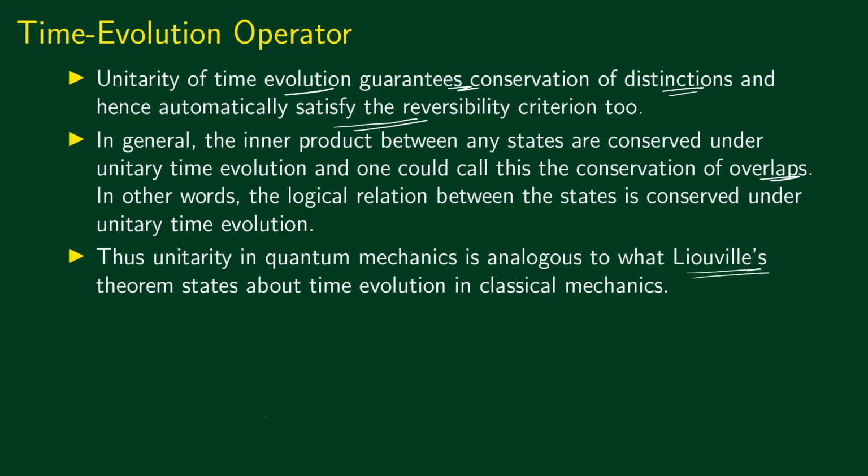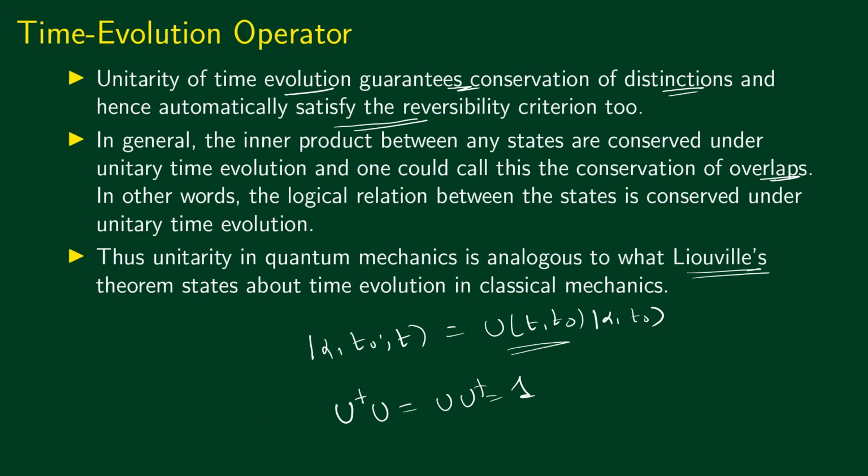So the conclusion is about the time evolution operator. We defined it like this: the state alpha, t0 at time t is equal to U of t, t0 acting on ket alpha, t0. This is how we define the time evolution operator. Now, based on conservation of information, we concluded that this operator must be unitary. U dagger U has to be equal to 1, or U U dagger has to be equal to 1.